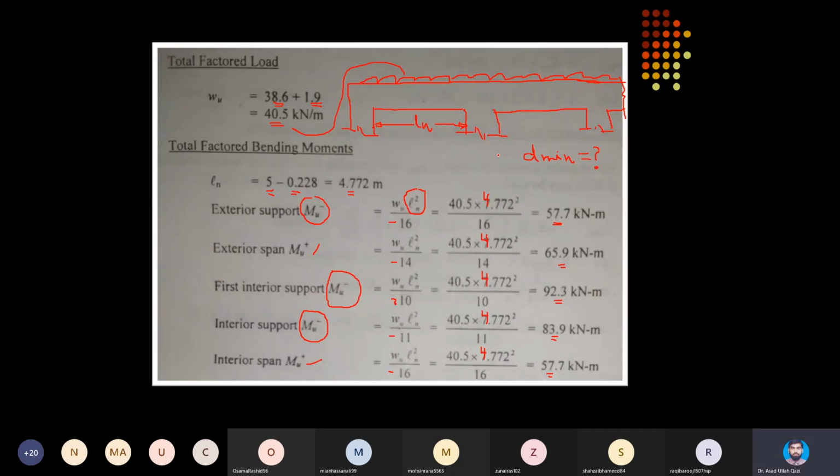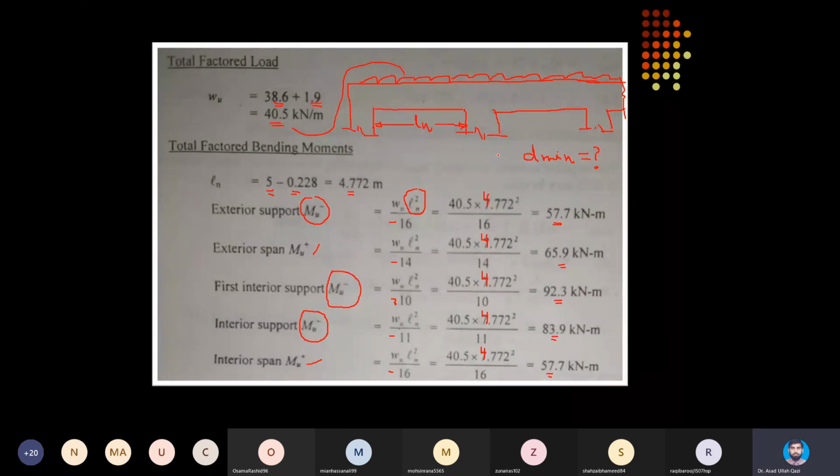If I will not be selecting D based on that requirement, then I have to design doubly reinforced beams, because over reinforced beams are not allowed.